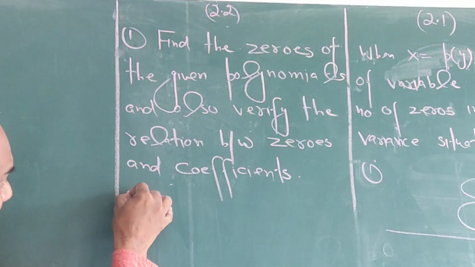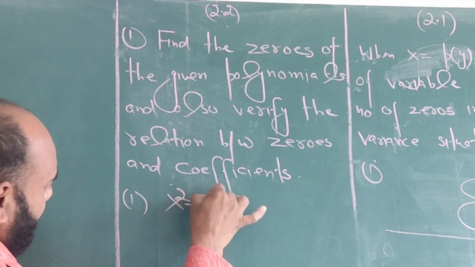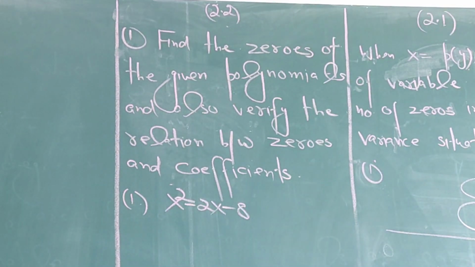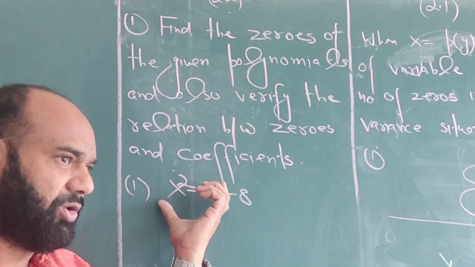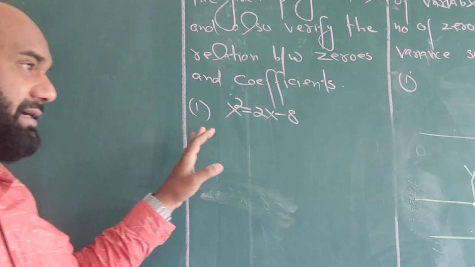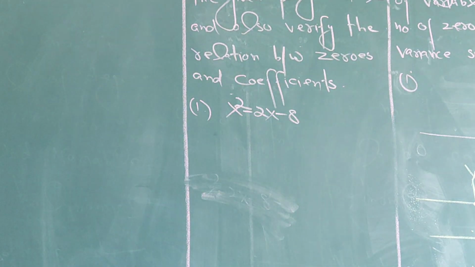So its first part is x square minus 2x minus 8. In this part, first of all, we find the zeros of this polynomial and also verify the relation between the zeros and the coefficients of the polynomial.